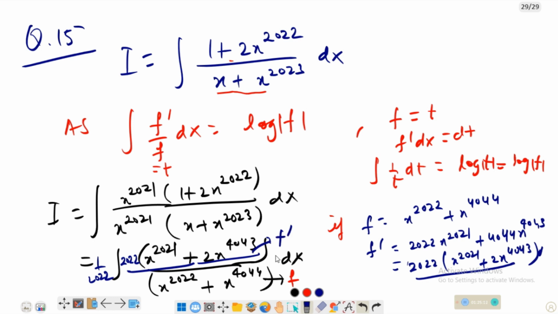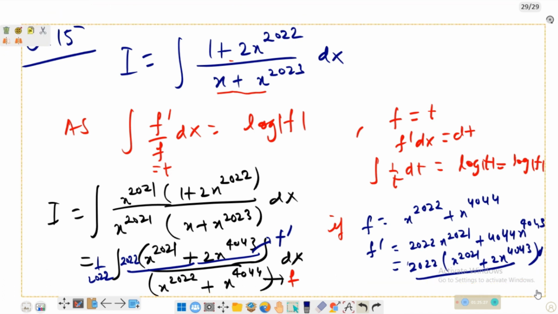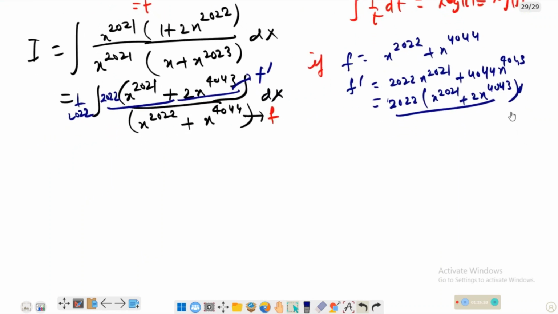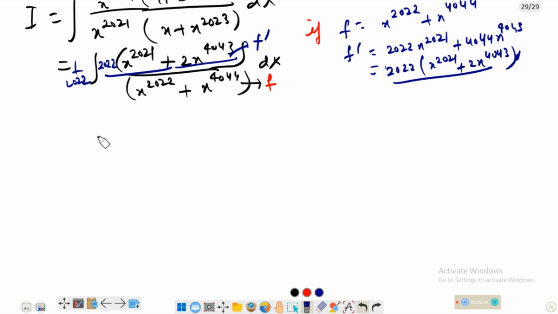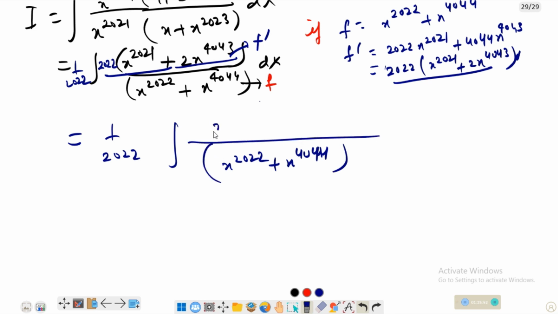So this is our f dash and this is f. So 1 upon 2022, and x to the power 2022 plus x to the power 4044 is f, and this is our f dash.